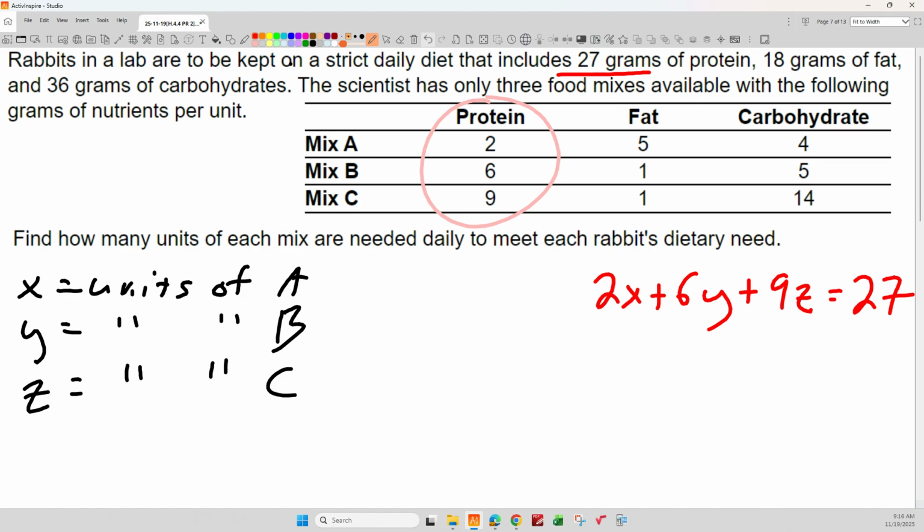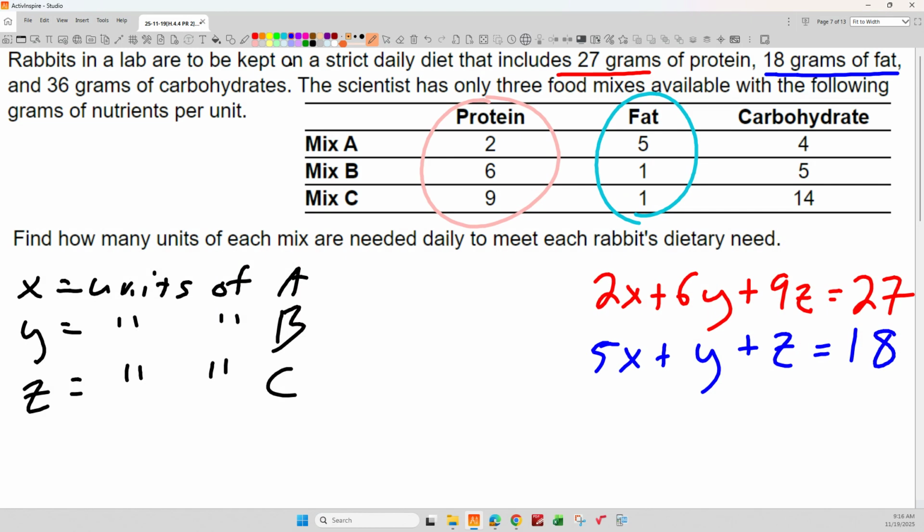Okay. What am I going to get for my second equation? Where's that coming from? Fat. Okay, that's telling me how many grams per unit of fat for each mix. I need a total of 18 grams of fat. So what's that give me then? Equals 18. Okay, and now we probably see where we're going with this.